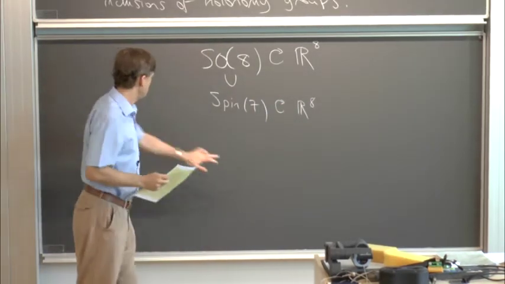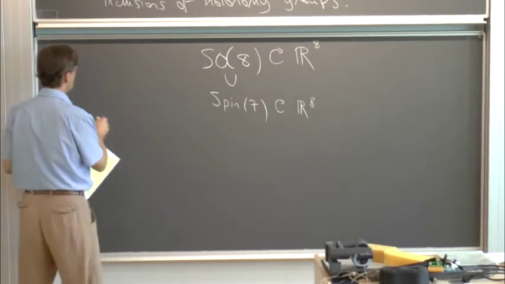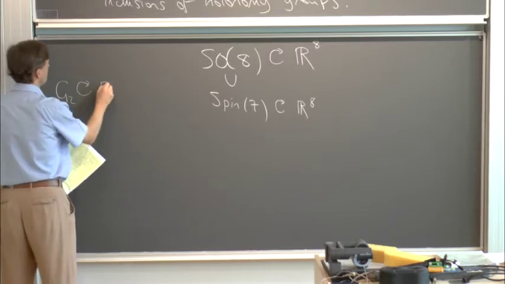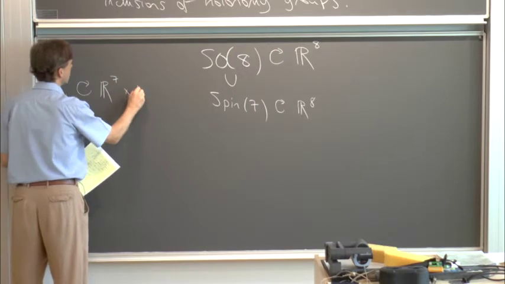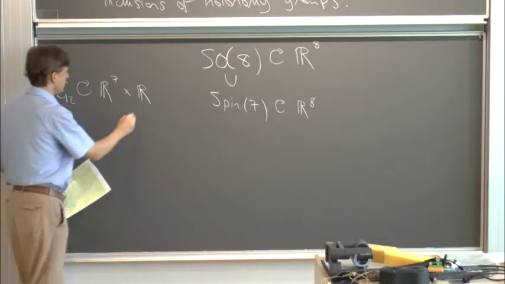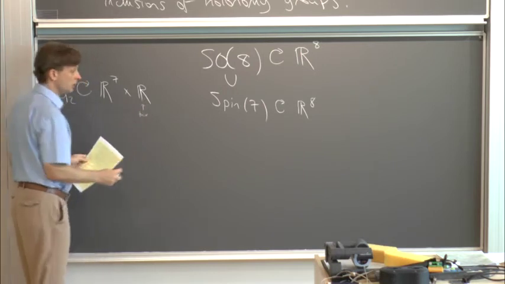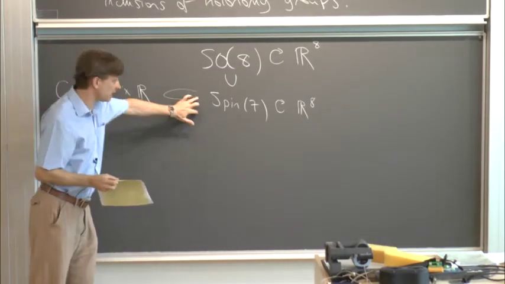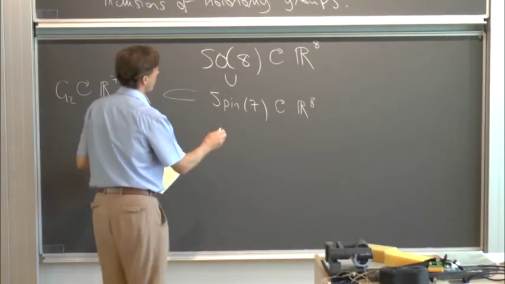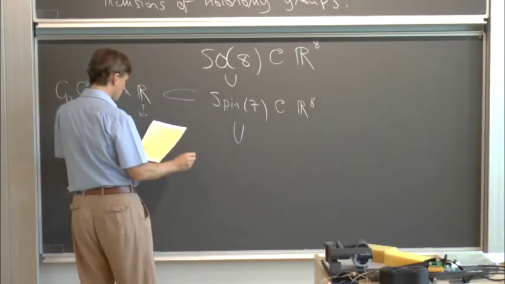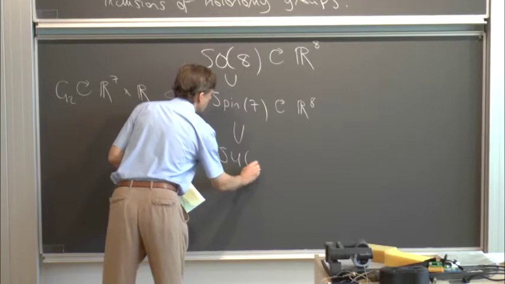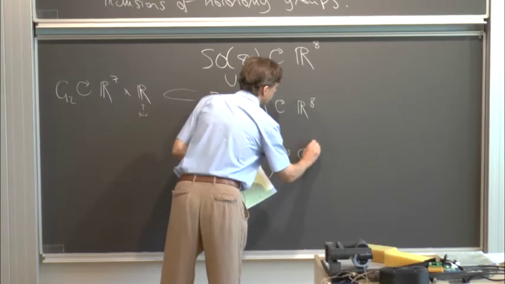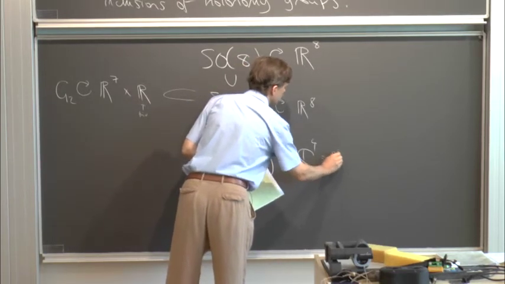I'm going to have a column here and a column there. So let's say on the left we've got G2 acting on R^7 × R, where the action of G2 on the R factor is trivial. And that G2 is contained in Spin(7) as a subgroup. Going down one level, SU(4) acts on C^4, which you can identify with R^8.